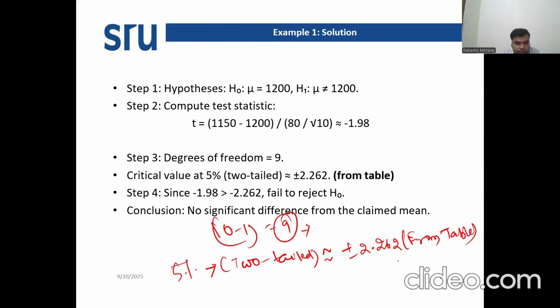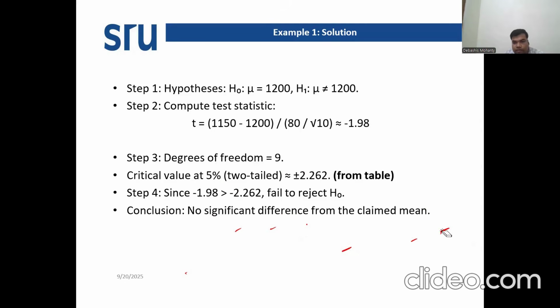Right? So in step 4, meaning the final step, we have to check this statistic value using the t distribution. What is the statistic value? Minus 1.98. So is minus 1.98 lying between plus or minus 2.262? We have to check there.